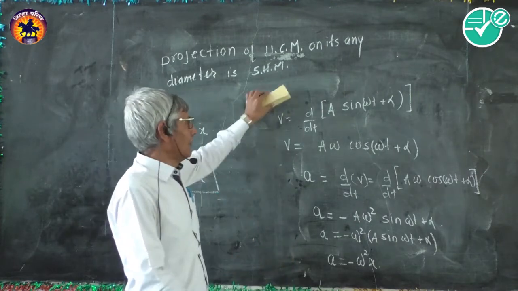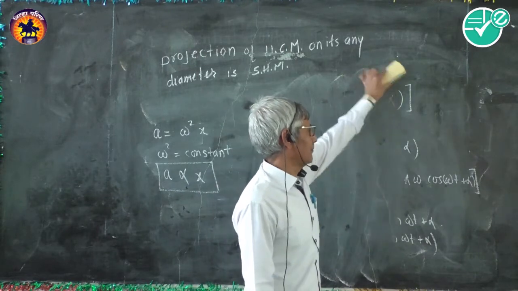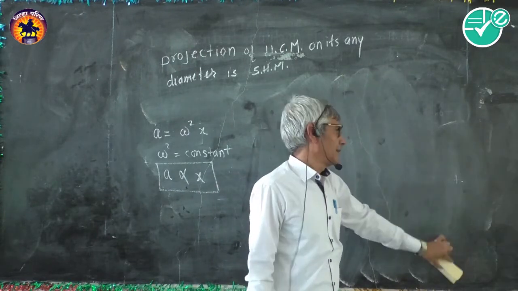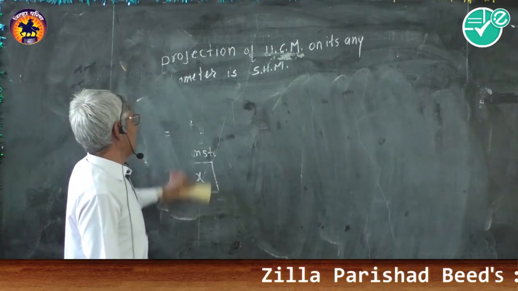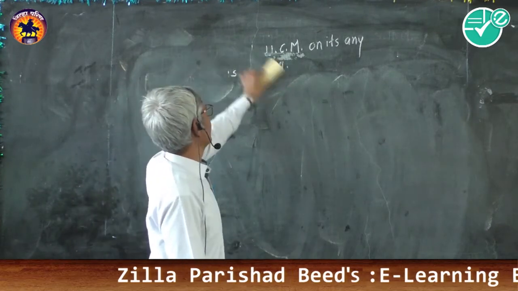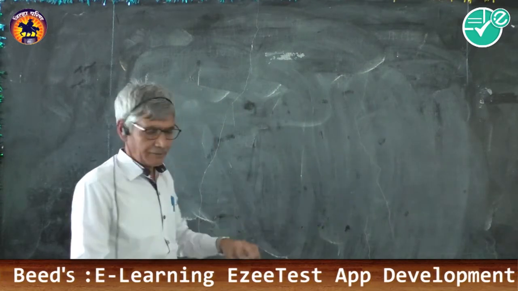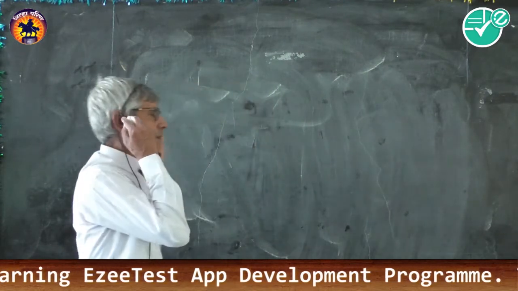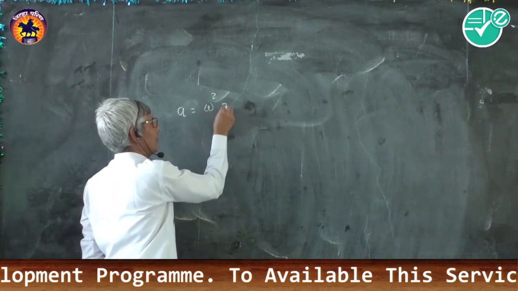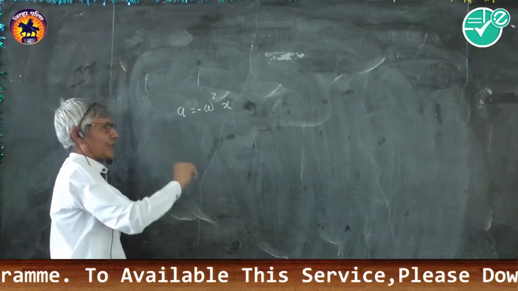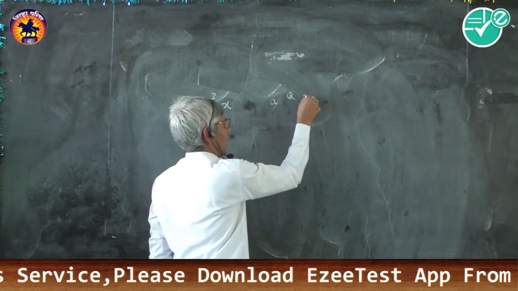Now we will have a recap of all the equations in simple harmonic motion between the velocity, displacement, acceleration and time. So the first equation we have is acceleration is equal to omega square into x with negative sign, that is minus omega square x. This is the equation between acceleration and displacement.